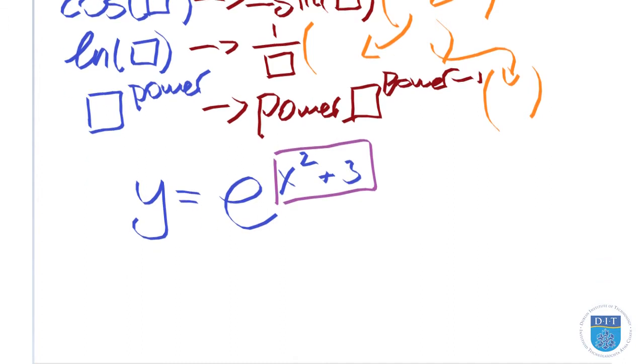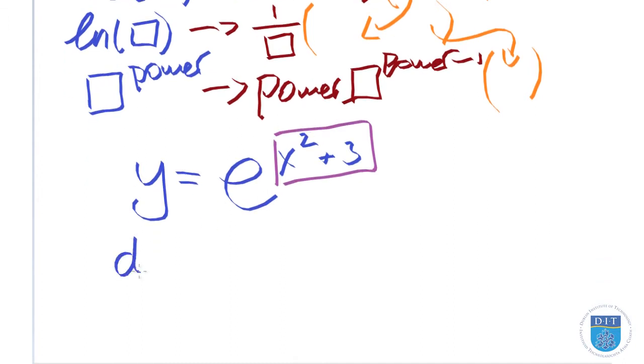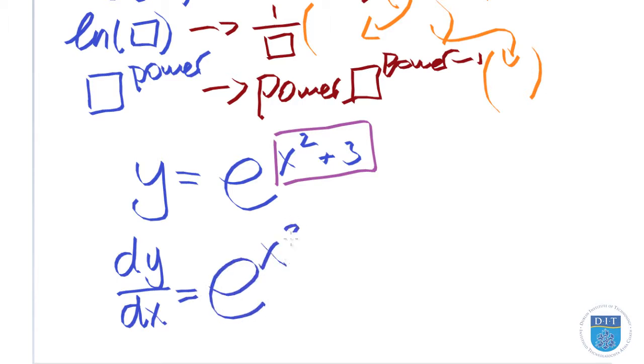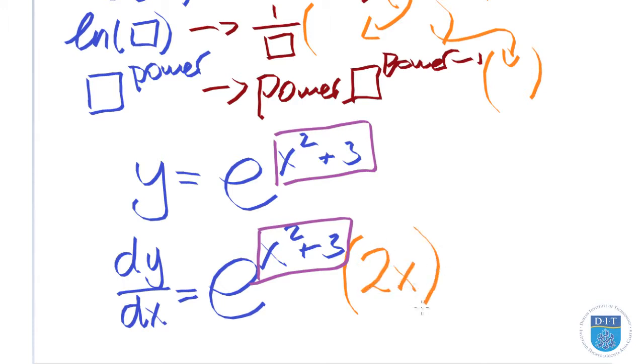So the derivative of e to the box is still e to the box. Don't touch it, leave it as e to the box. Then multiply straight away afterwards by the derivative of the box. If that purple expression is the box, the derivative of the box is 2x. And leave it like that. So that's the chain rule in short.